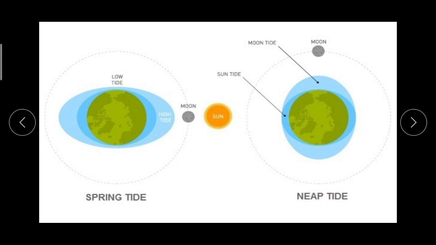In the image again you can see, in spring tide it is very high and very low, but in neap tide it is not very high and not very low. Figures or images are always good to understand the concept or to keep in mind the basic things.